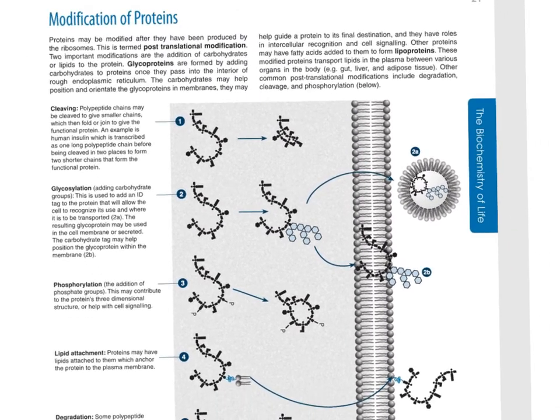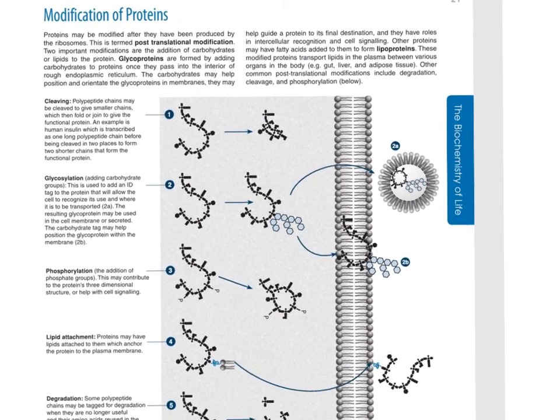So these kinds of proteins, after we translate proteins, after we've made proteins, after these translational means transcripted and translated, that means we've made the protein, right? And ribosomes are enzymes that make them. We can make what are called glycoproteins.